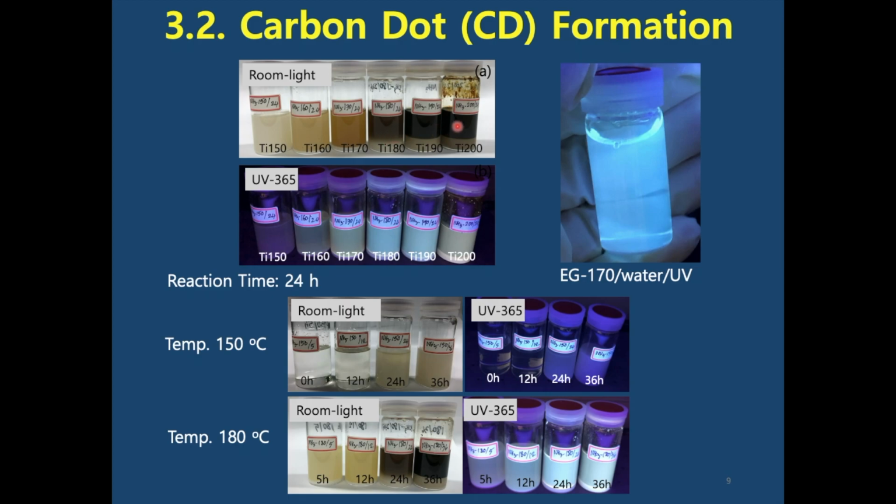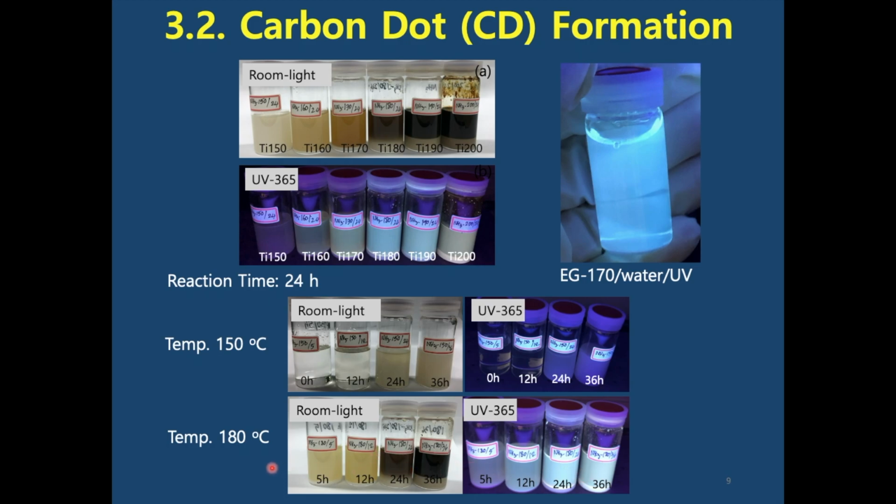When I drop this solution into water and check under UV light, we can see green emitting colors. At low temperature, 150, although I increase reaction time up to 36 hours, almost no emitting colors were observed. But at high temperature, especially at 180, the dark color is enhanced when we elongate the reaction time.